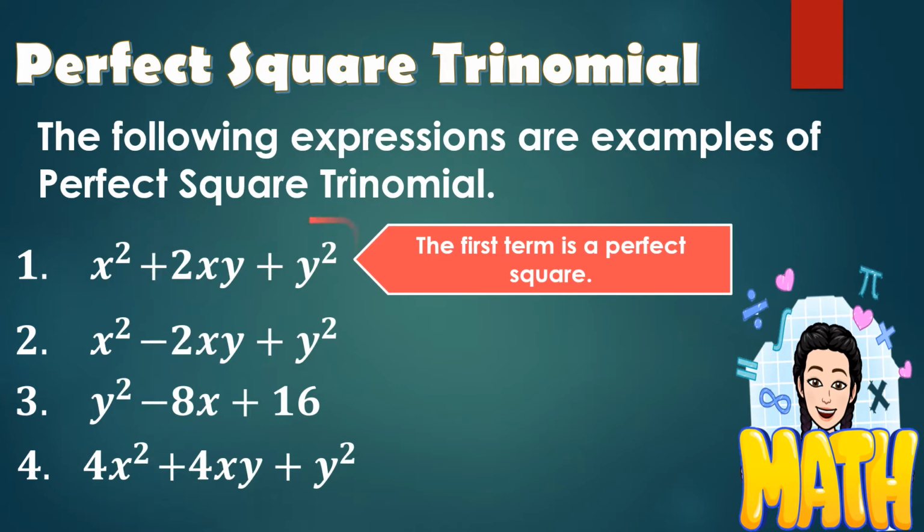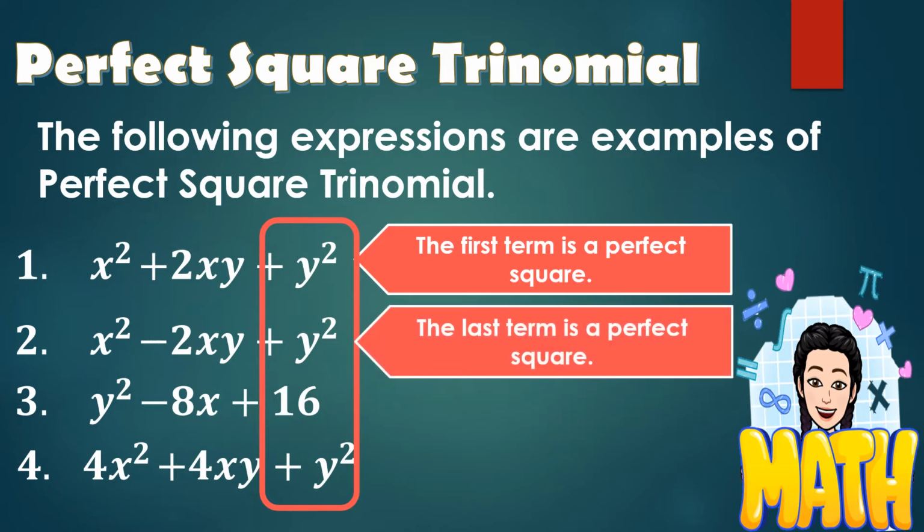Now, look at the last terms. Ano naman ang napansin ninyo sa mga terms na ito? Tama! Ang last term ay perfect square din. Paano naman kaya ang middle term?